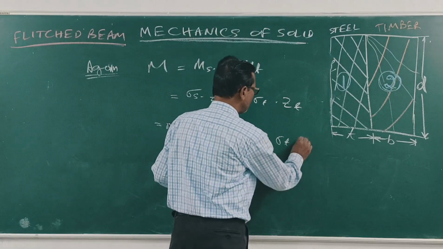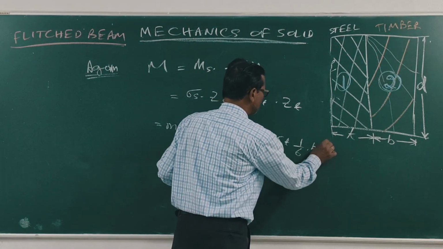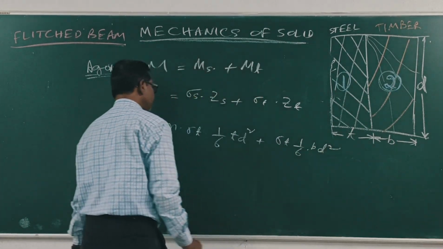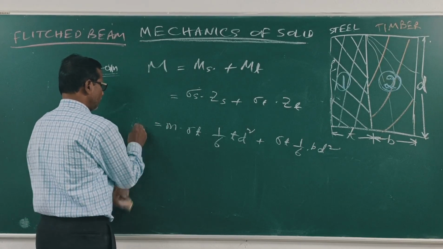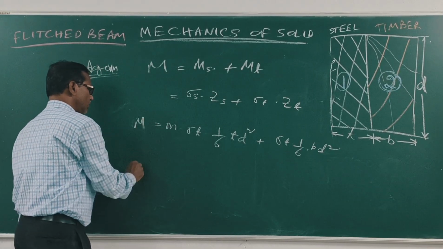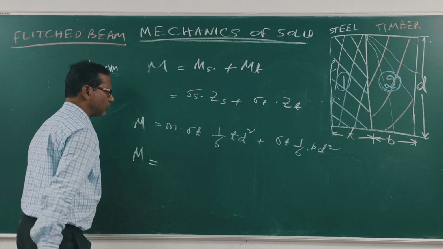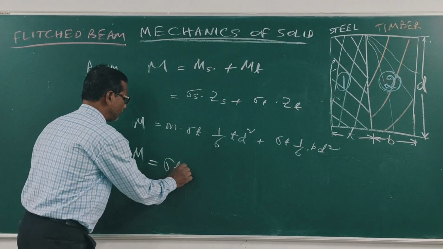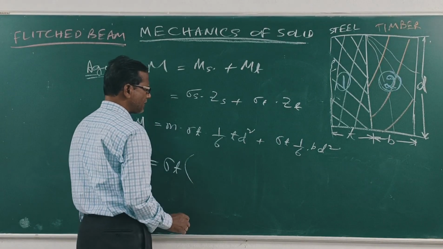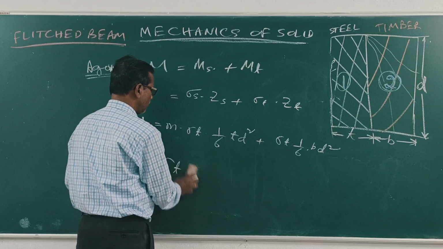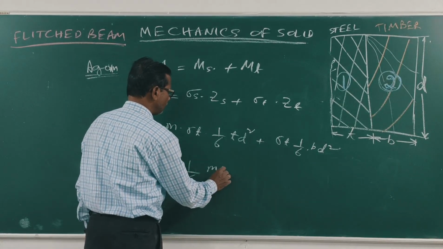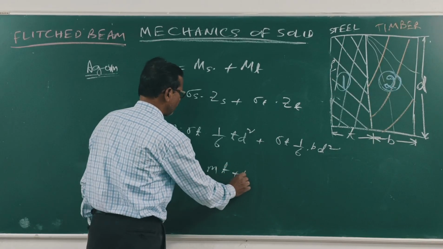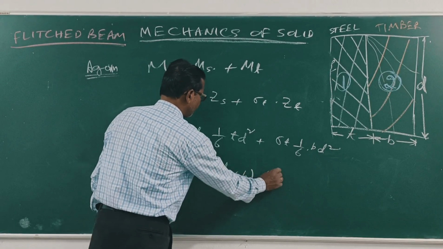Zt means 1 by 6 into b t square. So M is equal to sigma t common, 1 by 6 into (m t plus b) d square.